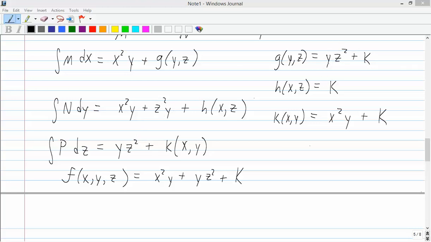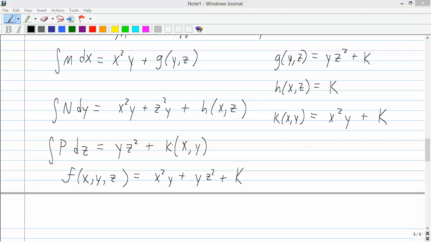But basically what you can do is just take this, this, and this and add them all together. I say you really don't add them together. You just take each type of term, put all those together and put plus k, and that's what I was doing over here. I was just breaking it down to show you what each of these functions had to be.